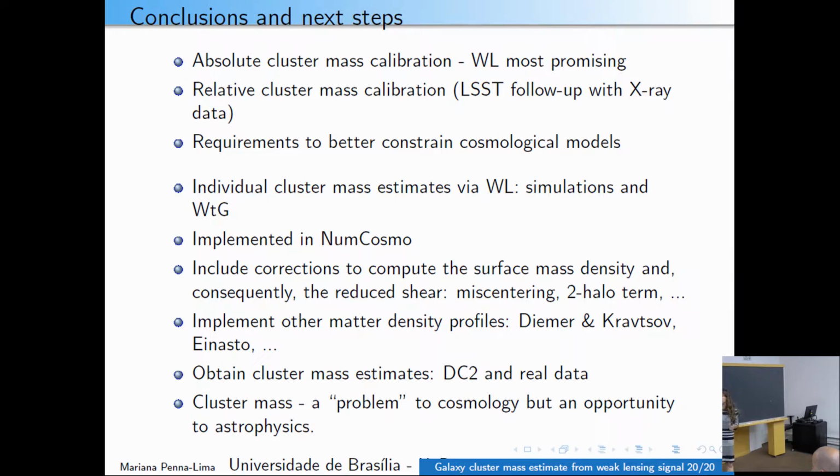A new pseudo cluster counts likelihood is a powerful tool to perform this kind of calibration in different situations, for example when you don't have the selection function of your catalog. And this is really important for the success of the cosmological analysis.